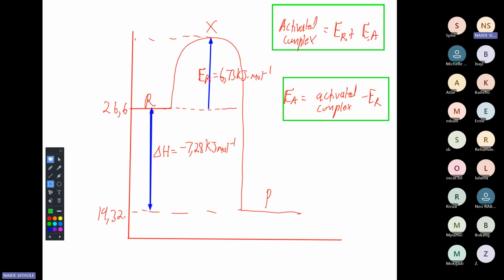Right now what we don't have is the activated complex. So it's 26.6 plus 6.73. Then you get 33.33. So see, that's how you deal with those.